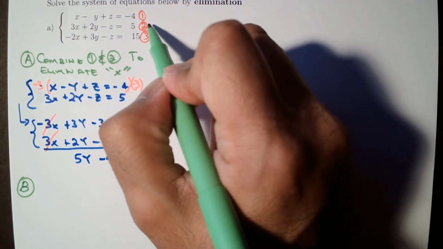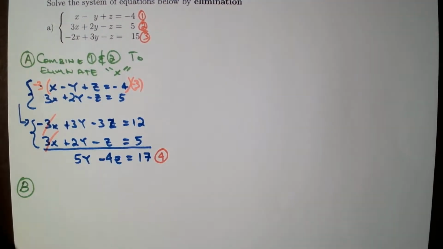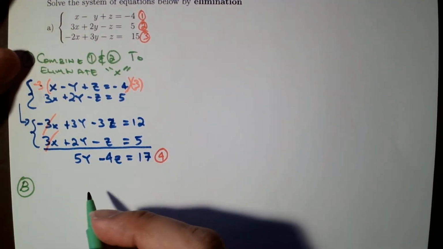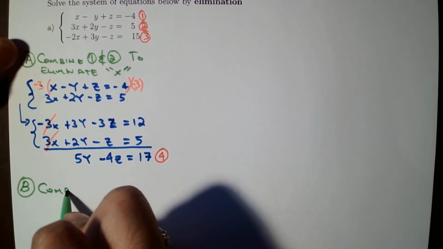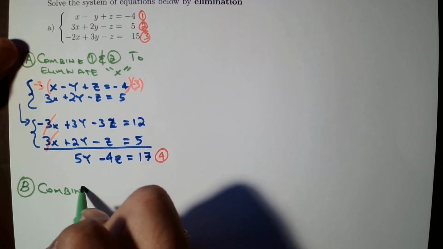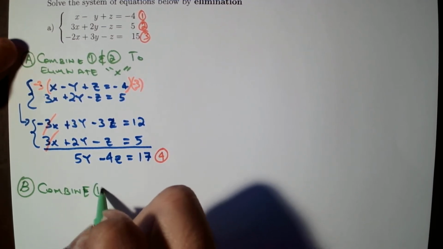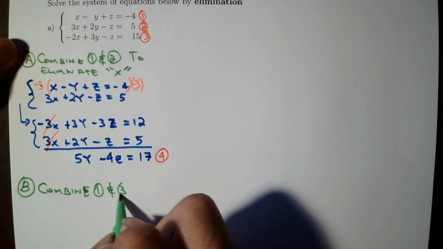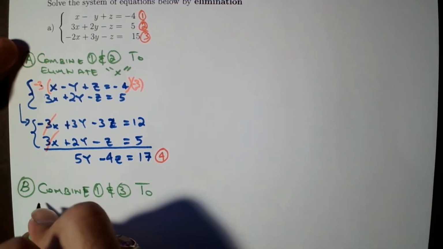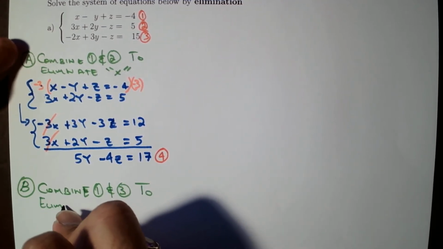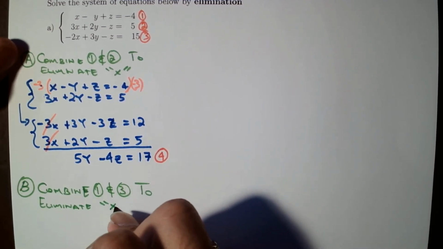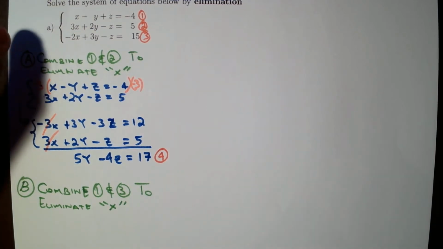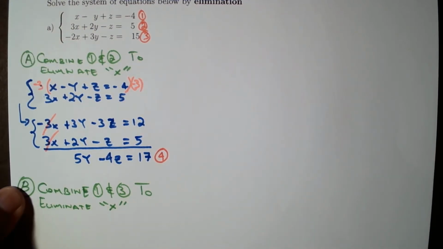Or you could do 2 and 3, but I prefer doing 1 and 3 because it's going to be more convenient when it comes to multiplying one of the equations. So combine 1 and 3 to eliminate also x.